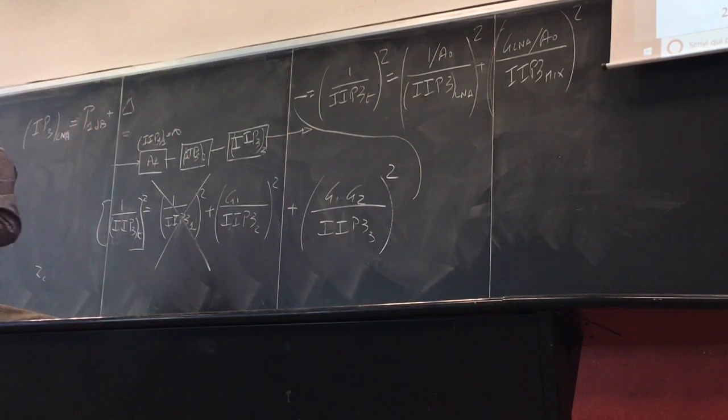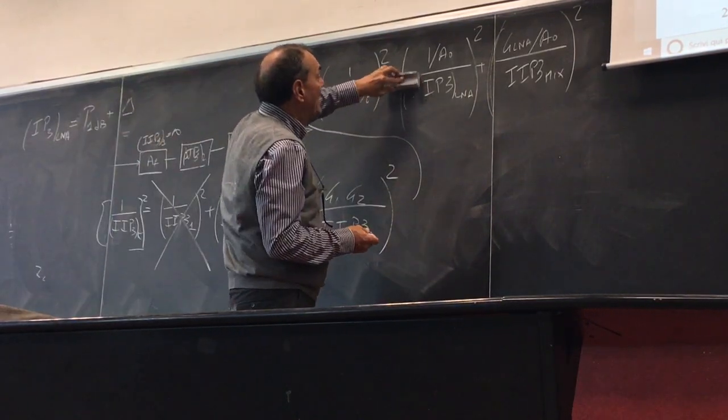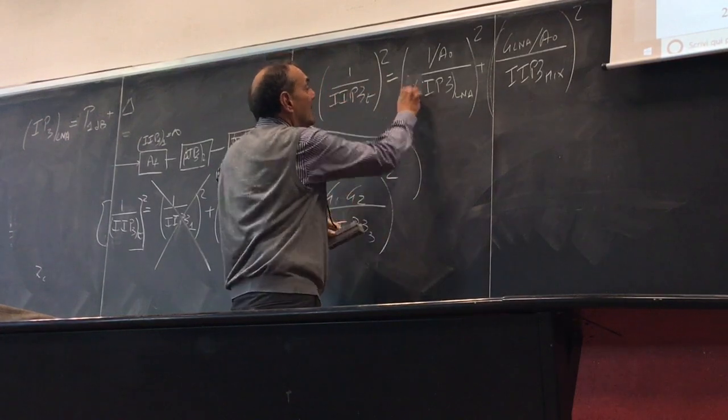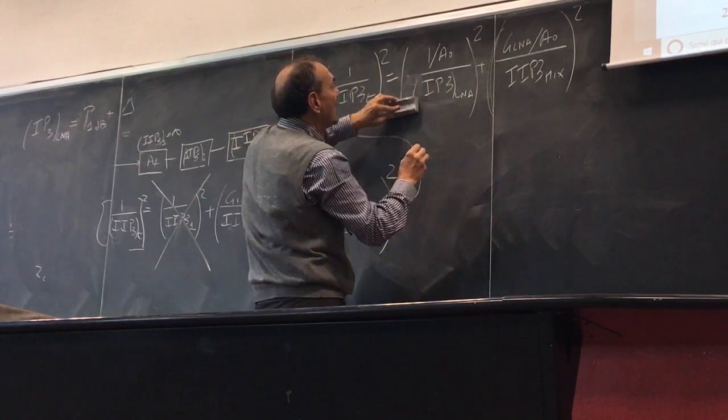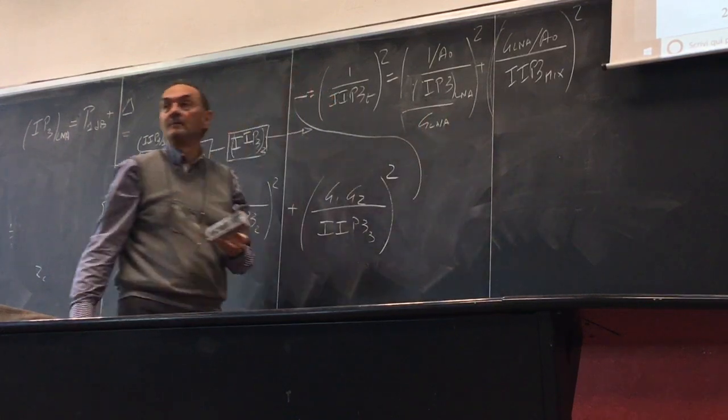The relationship is trivial. The intercept point at the output is equal to the intercept point at the input multiplied by the gain of the low noise amplifier. So here I can replace in this way and multiply and divide for G_LNA. Okay?